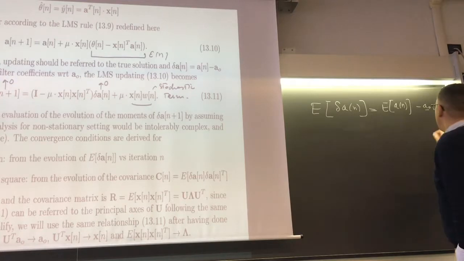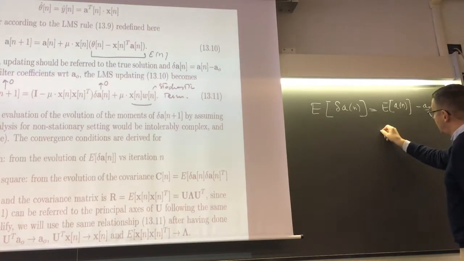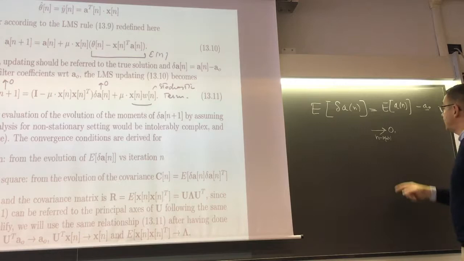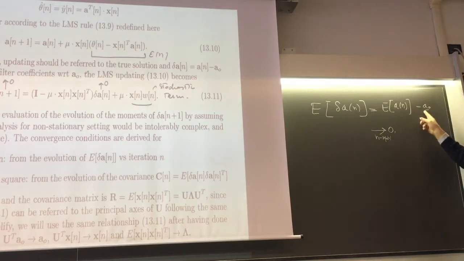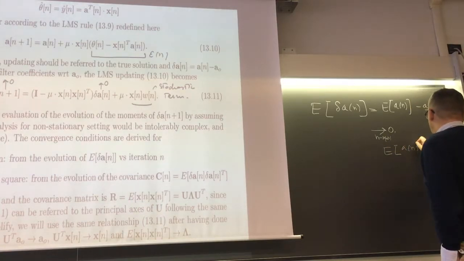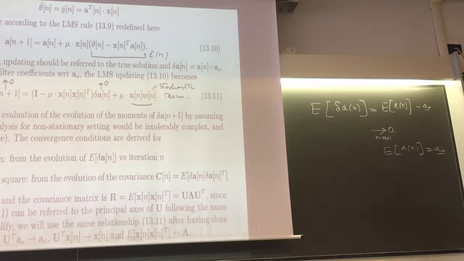If I guarantee that asymptotically this goes to 0 for n going to infinity, then the expectation of A_n is equal to A_0. That means the estimate is asymptotically unbiased.